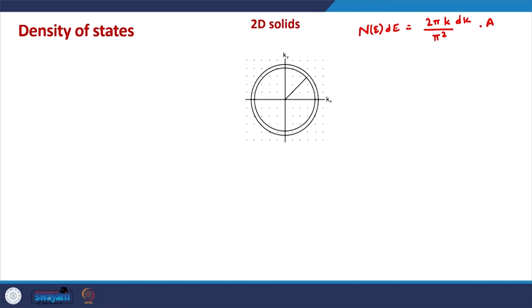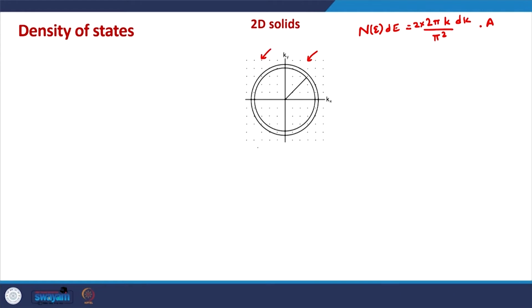Now, the 2 points that we discussed: we need to consider the electronic spin as well, so we need to multiply by 2. Also, we need to avoid over counting of allowed electronic states, and k points belonging to different quadrants essentially correspond to the same electronic wave function.